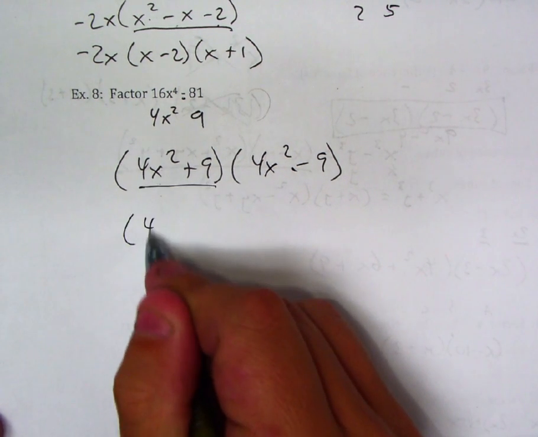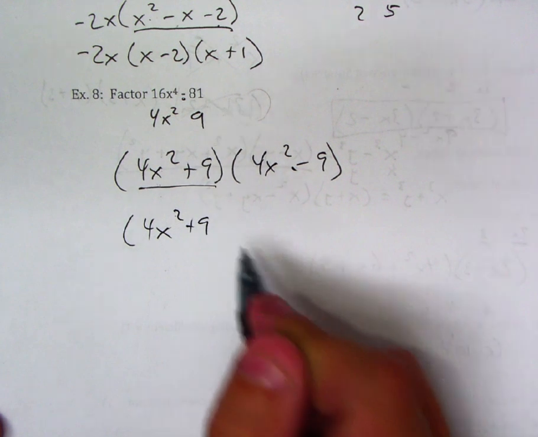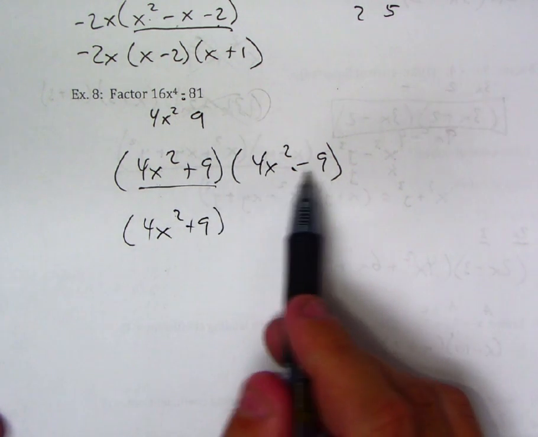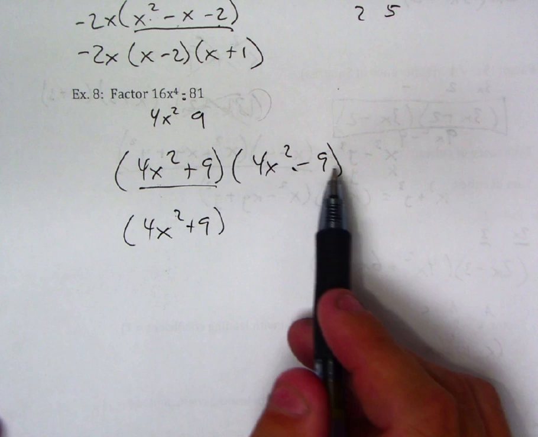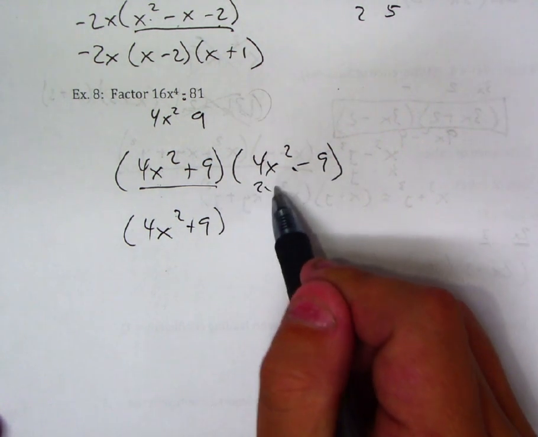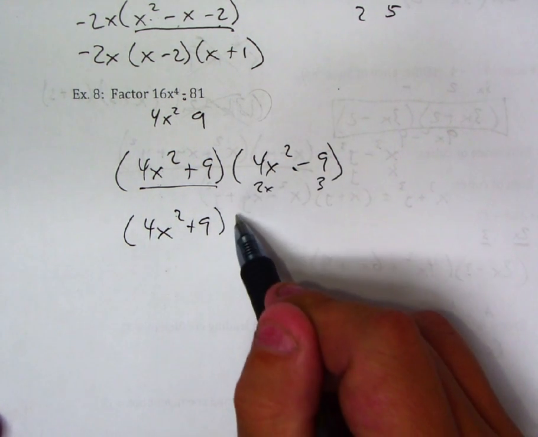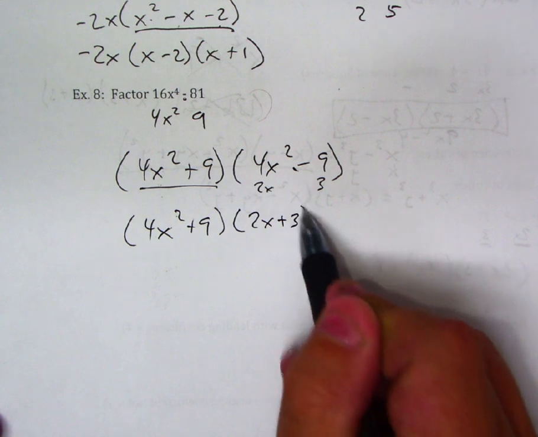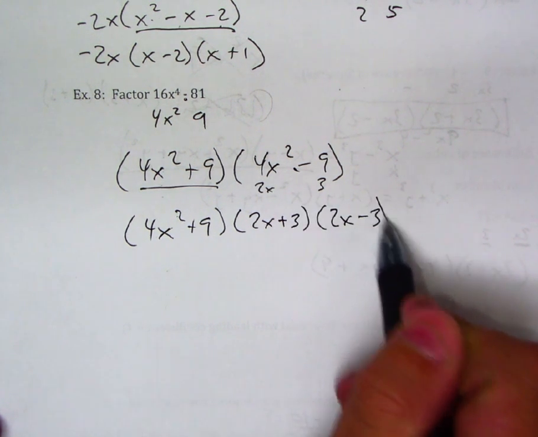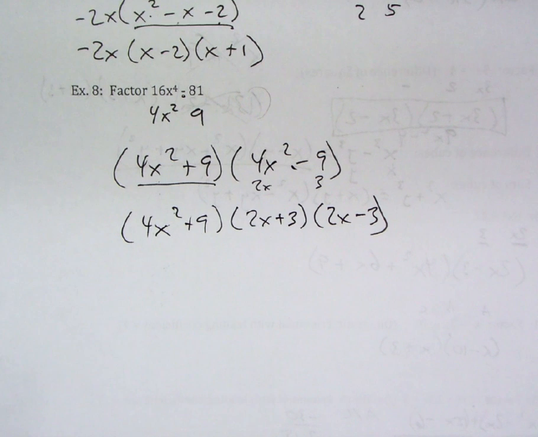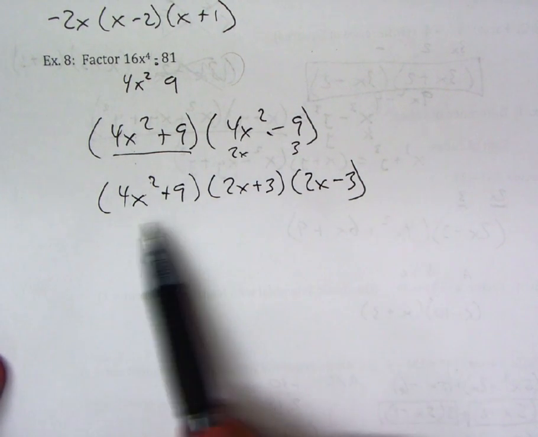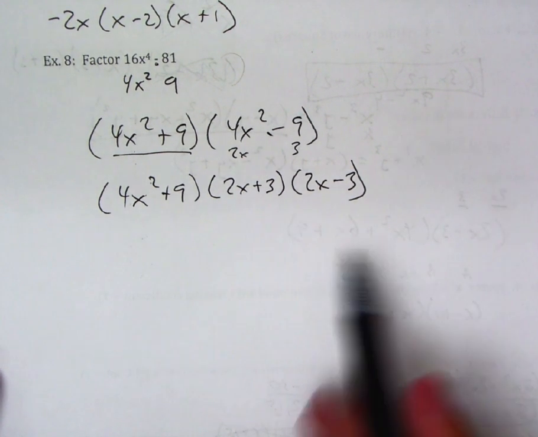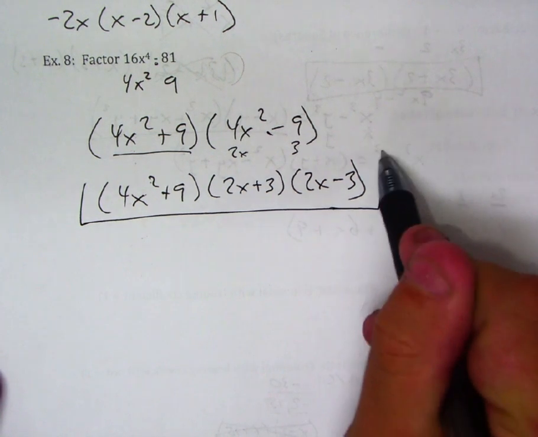It doesn't just go away. It's still a part of your factorization. But this, if I take the square roots of each of these and keep going, this would be 2x and 3. And so then you're going to have 2x plus 3, 2x minus 3. These are not difference of squares anymore. There's no GCFs. That's it right there, and you are done.